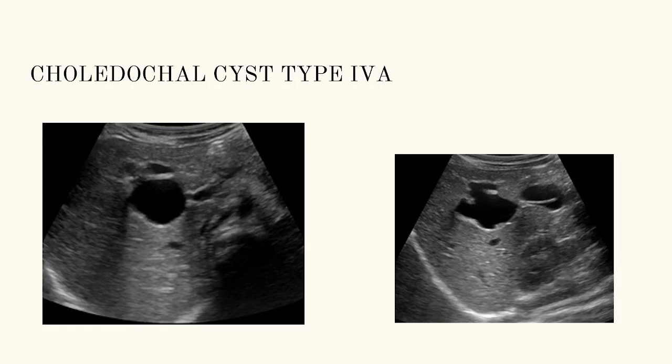For this type 4 imaging, it was also an incidental finding on a 2.5-year-old girl. This is an intrahepatic, well-defined choledochal cyst with communication to the right hepatic duct. The patient also had a second extrahepatic cyst of the CBD, classifying this as a type 4A.